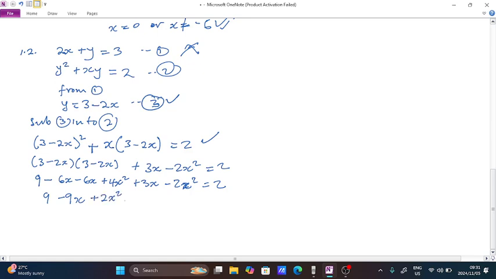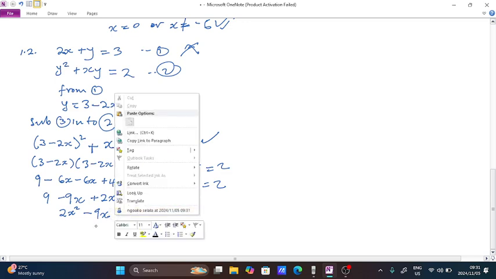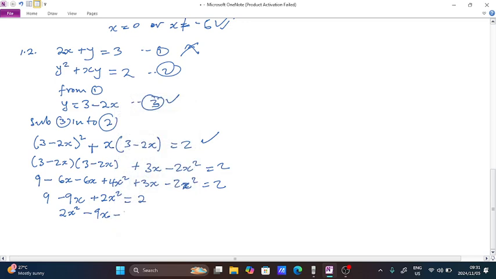Plus 2x squared equals 2. Again, now let's go to the standard form. So when you're working out the standard form, we'll have 2x squared, then minus 9x, plus 7 equals 0. Then you get a tick for that standard form.